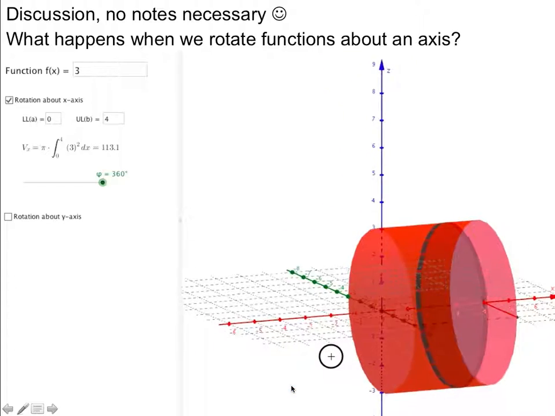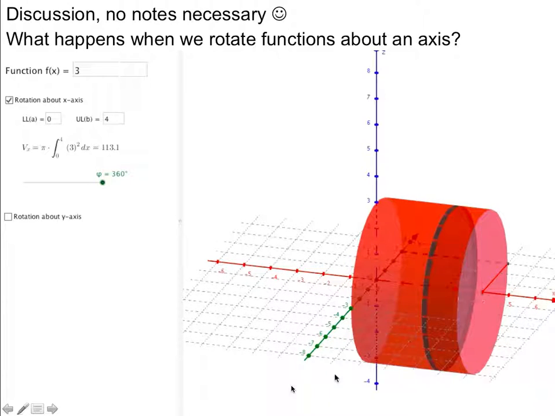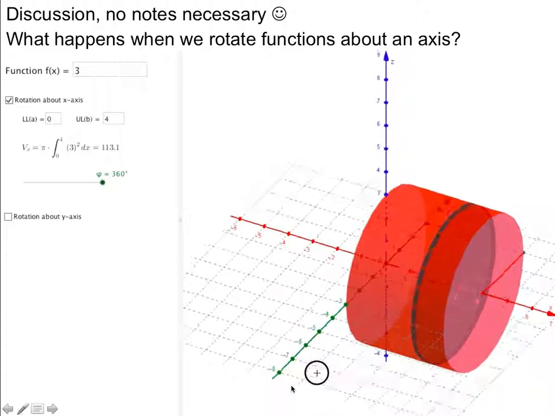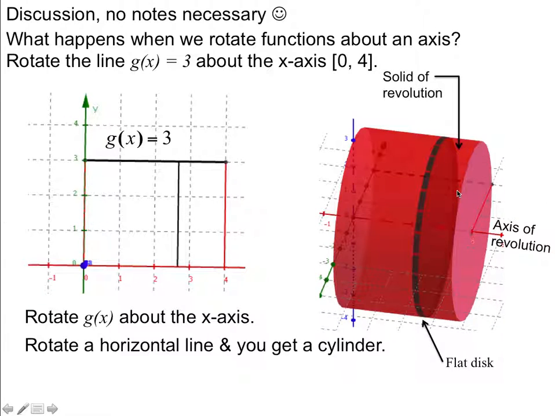So then we have that 3-dimensional shape when we rotate the horizontal line about the x-axis. And so we're going to then talk about that solid of revolution and how we can calculate the volume of this.